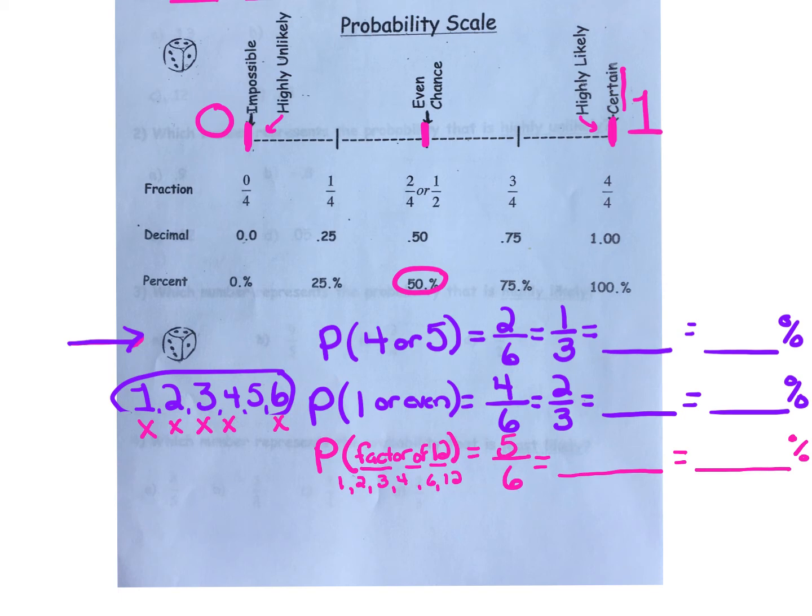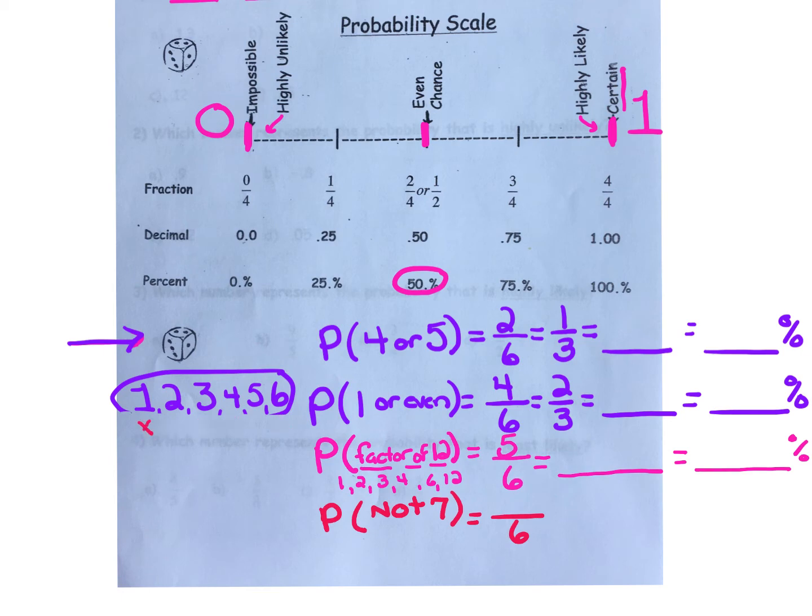Let's try another one. You're a winner if you get not a 7. Out of 6 possible outcomes, let's see how many of them are not 7.